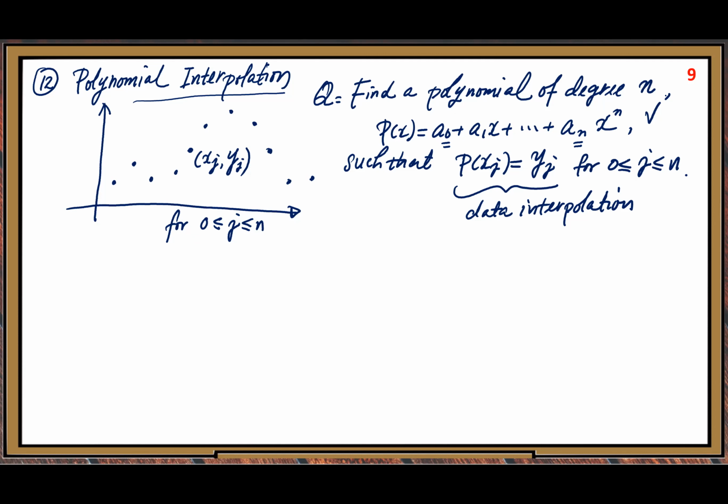So why do we use polynomial? We know the form of a polynomial is relatively simple, right?